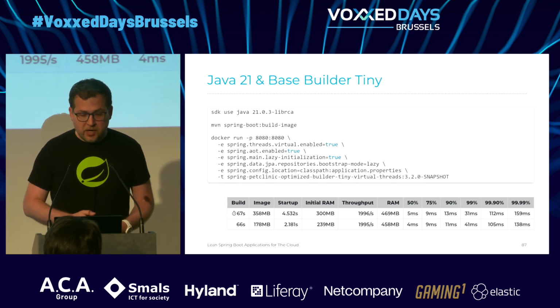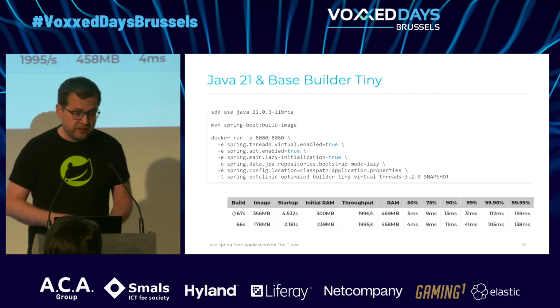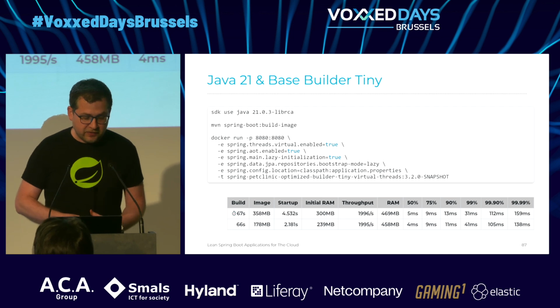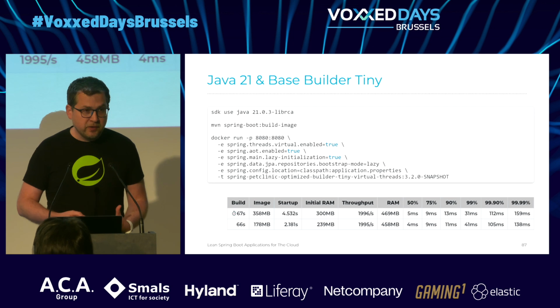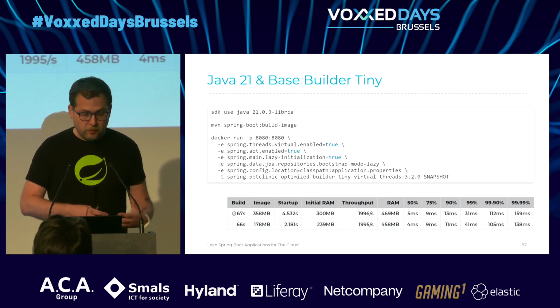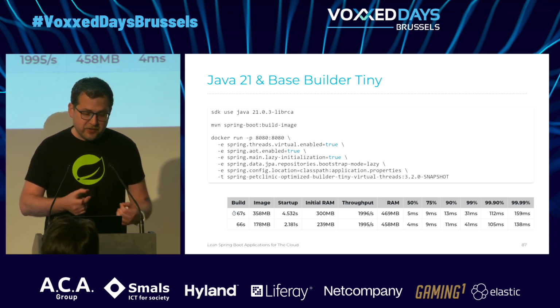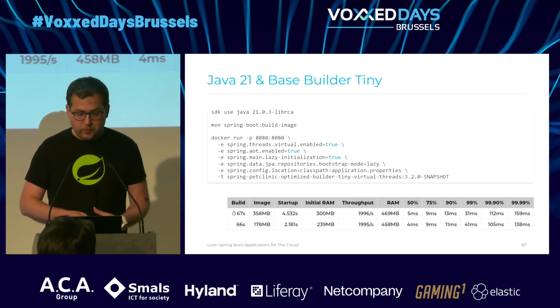If you look at this on Java 21 with the tiny builder, because Bellsoft doesn't have it yet, and virtual threads enabled, you will see similar things. Startup times even got better. Memory is not that good like the Bellsoft one, but still roughly 30%. And the timings also get way, way better.